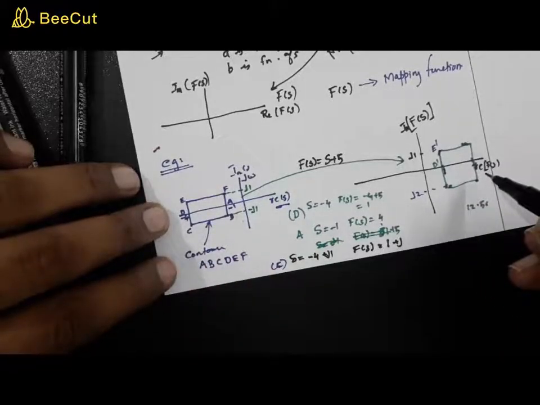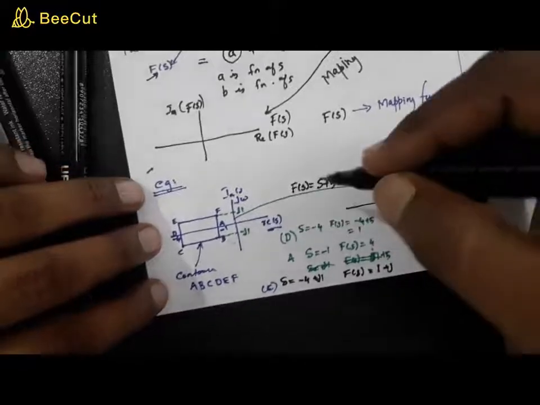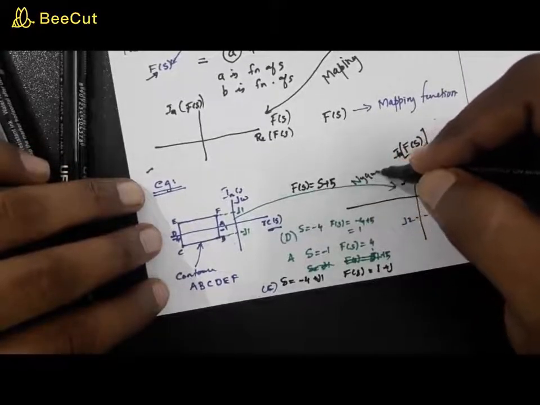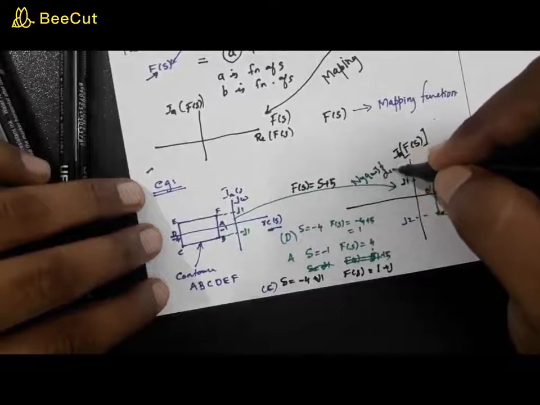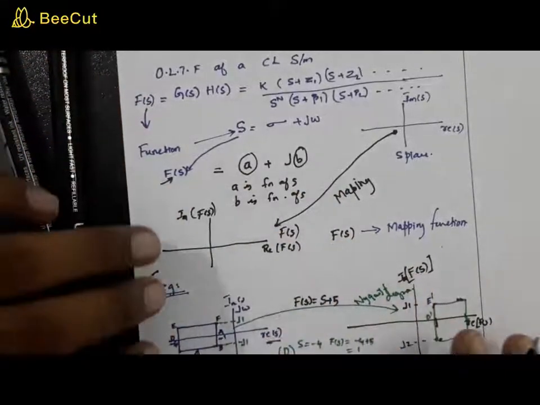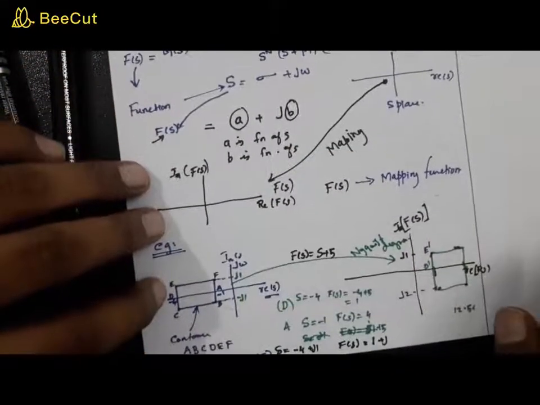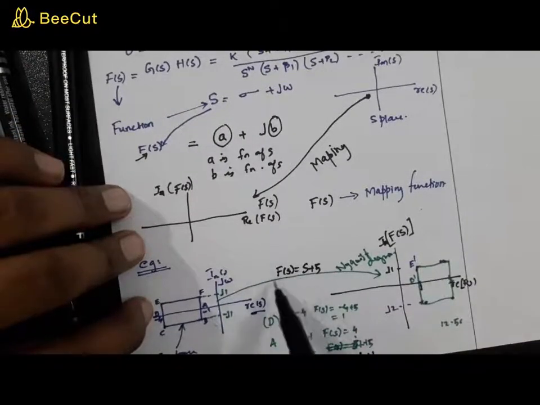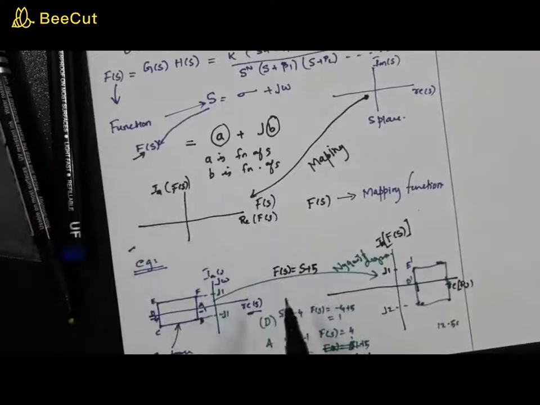And this is what is called a Nyquist diagram. The Nyquist diagram is actually the mapping of the S-plane into another plane, f of s, so that will result in a different contour or different shape.